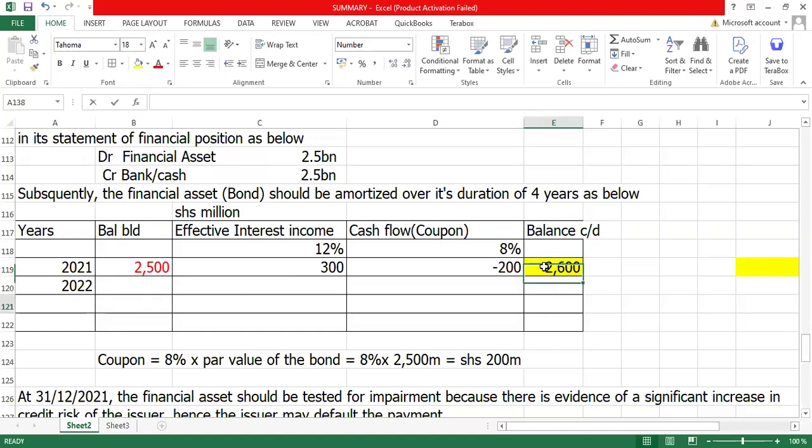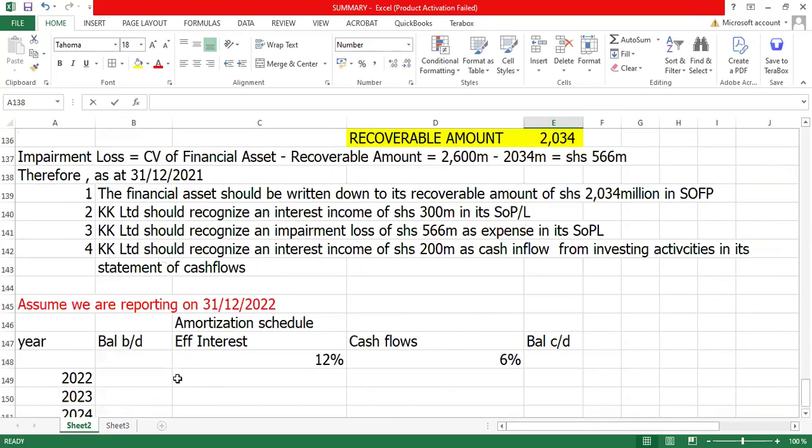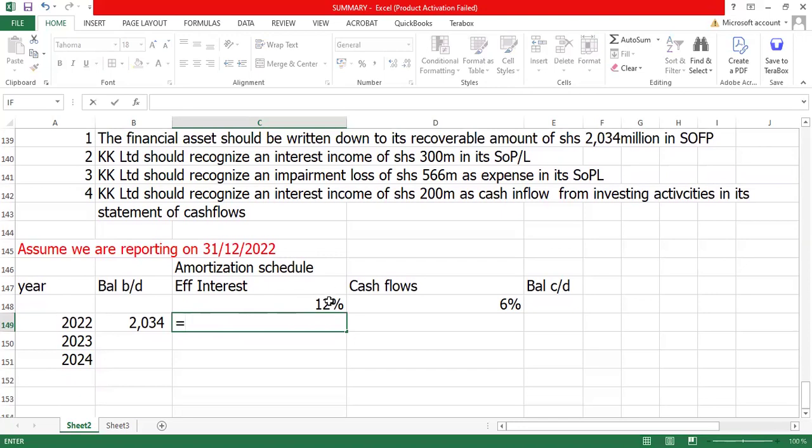But because you cannot recover this amount of money in 2022, we must put the recoverable amount. That's what we base on. That's where the difference is. Then you get the 12% times this.